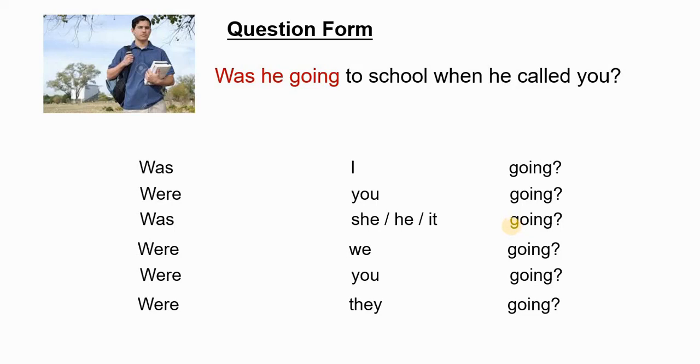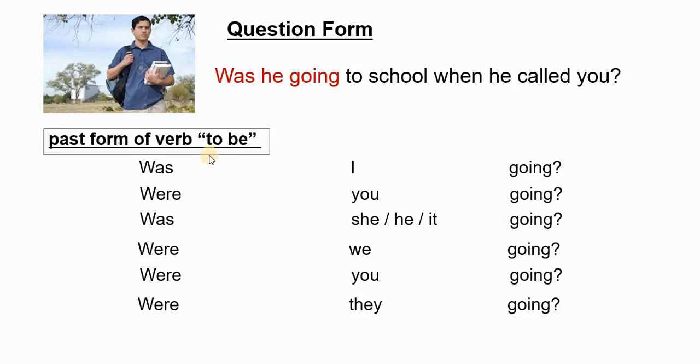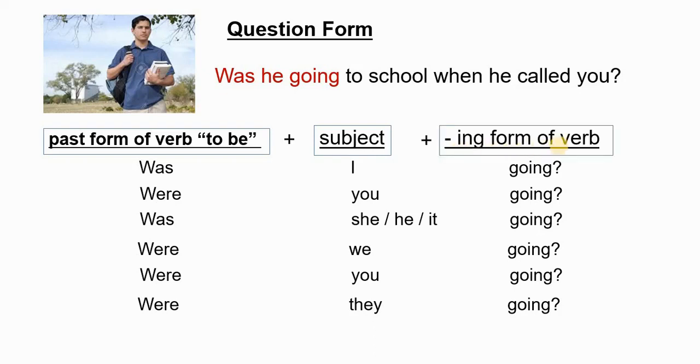This time we have the past form of the verb to be plus the subject plus the ing form of the verb, with the question mark at the end to show that it is a question.